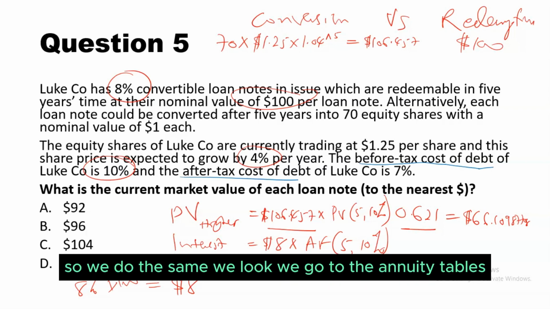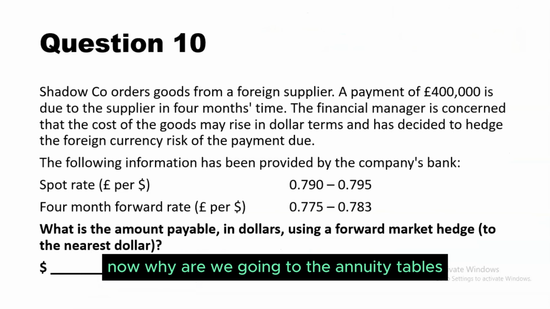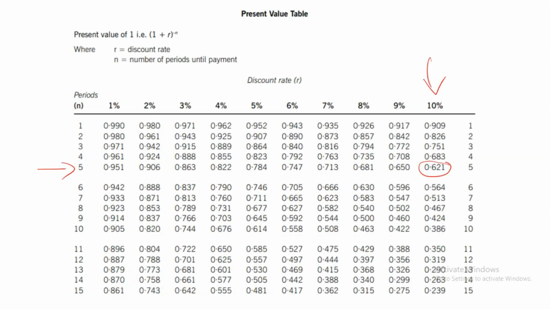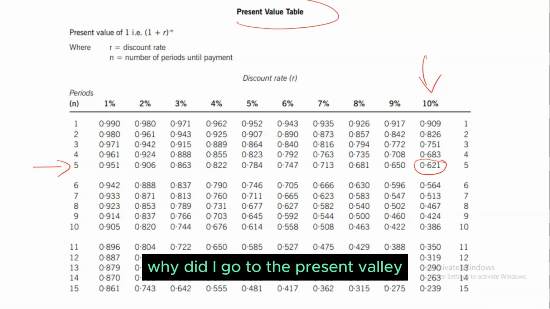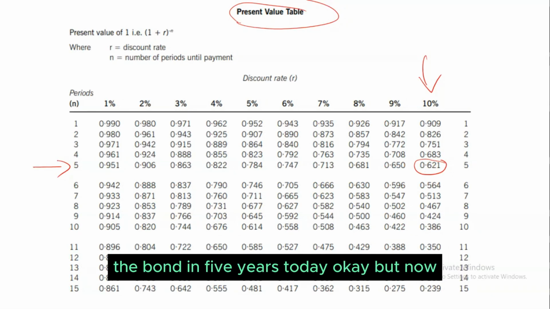So we do the same. We go to the annuity tables now. Why are we going to the annuity tables and not the present value tables? Before this, I had gone to the present value. Why did I go to the present value? Because I was looking at the value of the bond in 5 years today.